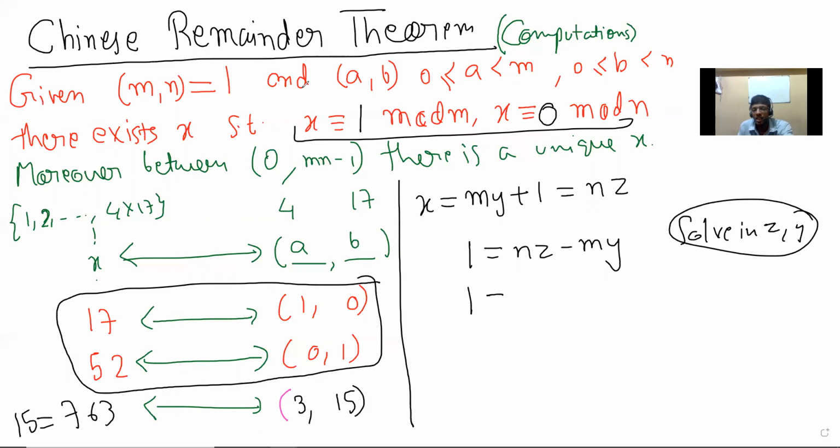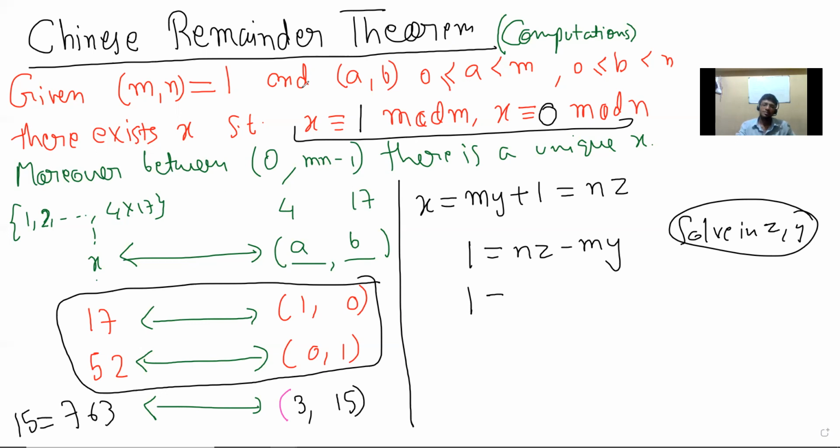For 4 and 17, if you multiply, you will get 1, comma 1. Okay, that's nice. So you're saying that you find 1, comma 0, then you can find 0, comma 1 from there.